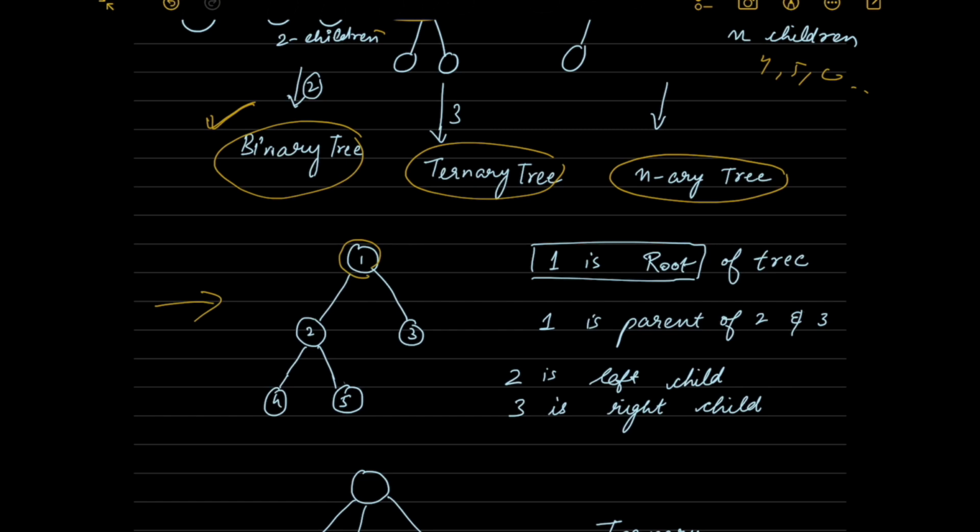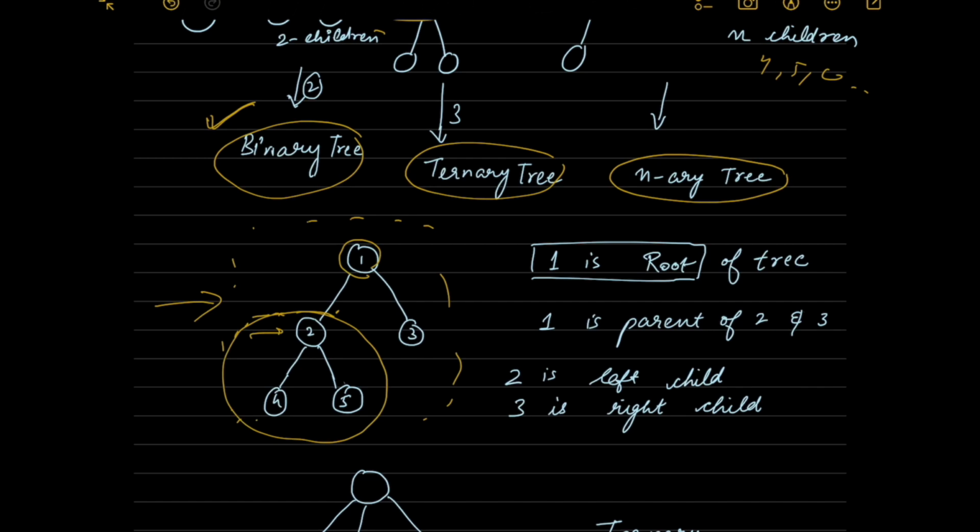If we consider a subtree of the complete tree, so in that case, if we consider only this part, 2 would be the root of this tree. So this is a relative terminology that we use, but in general the root node is the node which has got no parent.